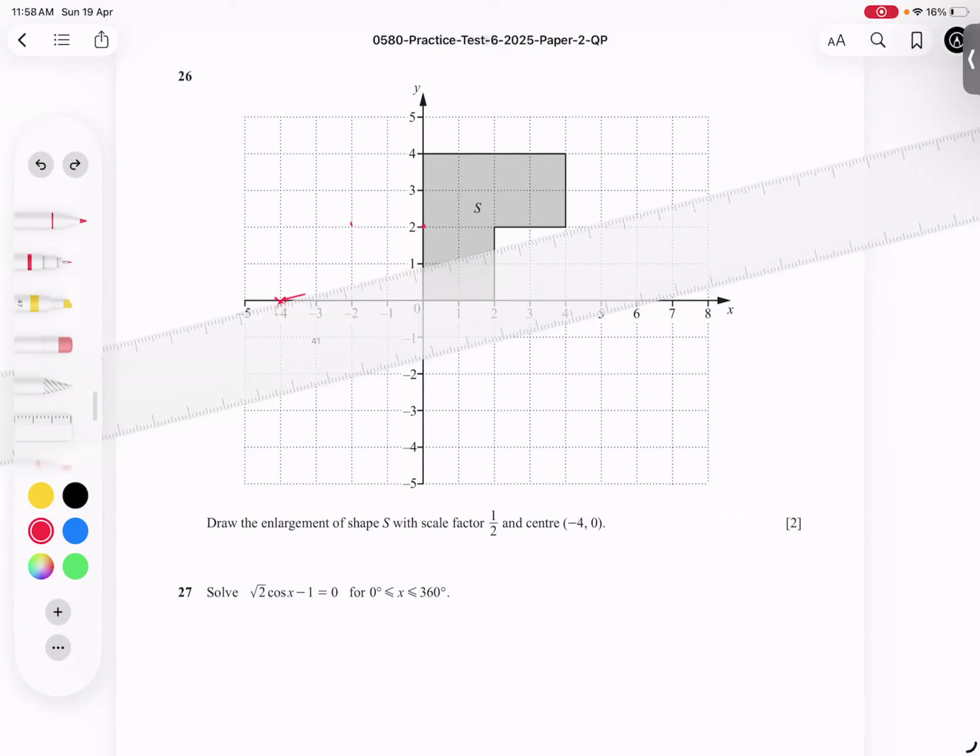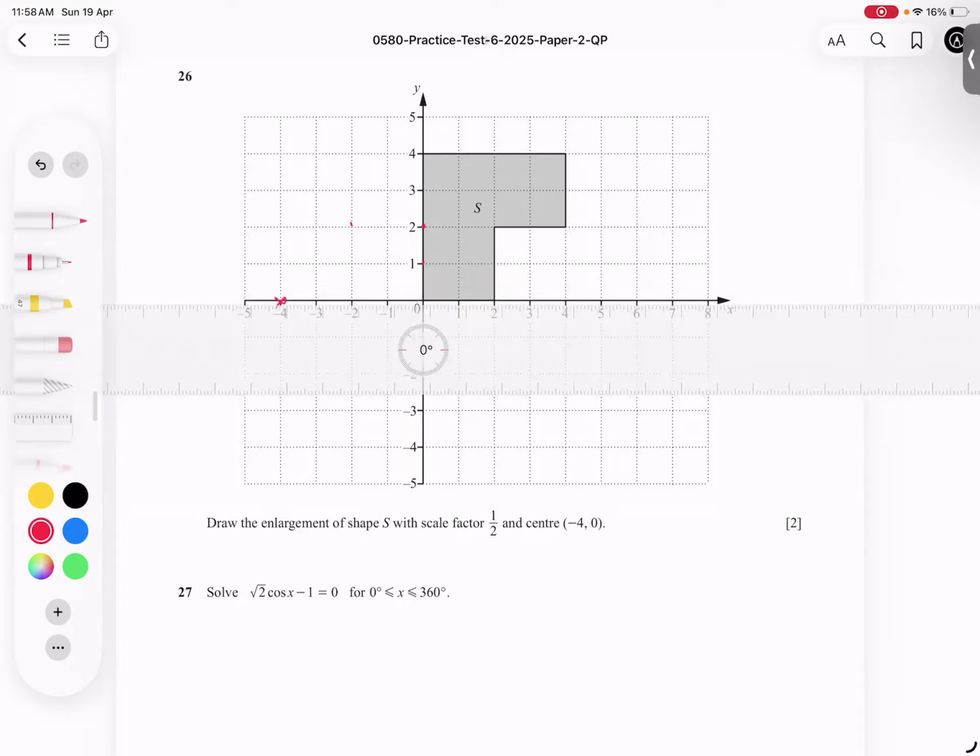Count 4. Now, what about this point? 1, 2, 3, 4, 5, 6. Half of 6 is 3. We got this point. And what about this? Count 1, 2, 3, 4. Half of 4 is 2. So this point. If I join them, this is my answer. Done.